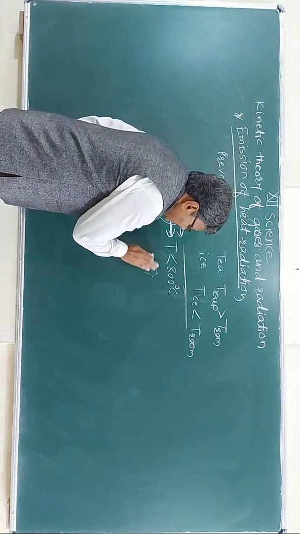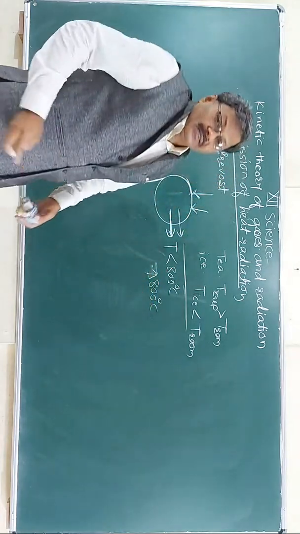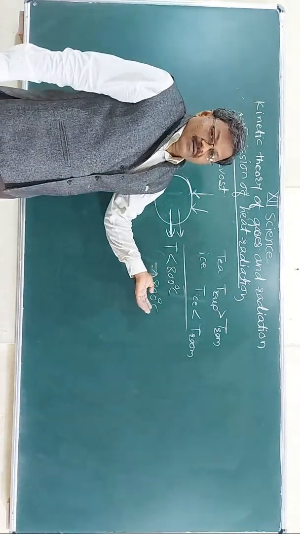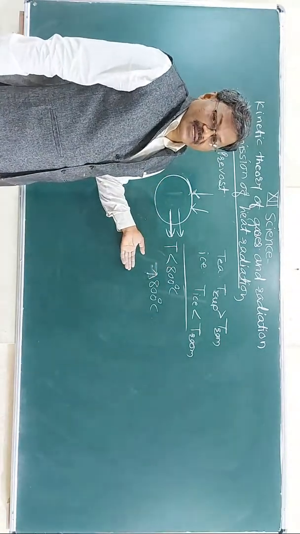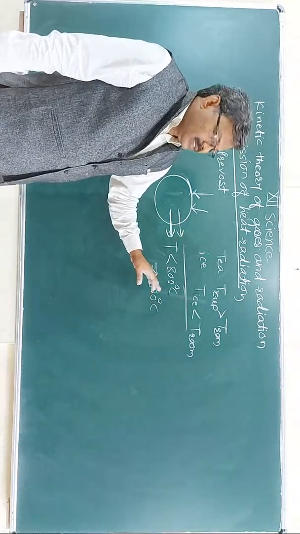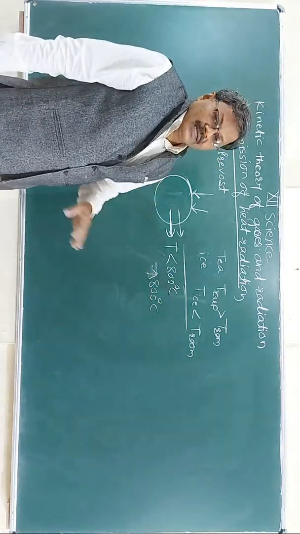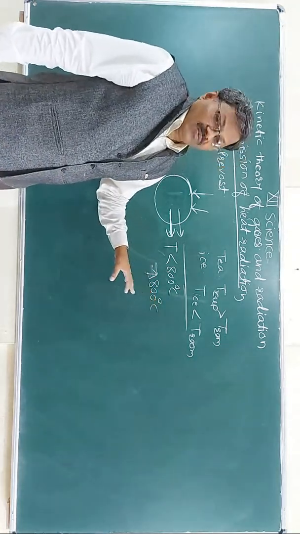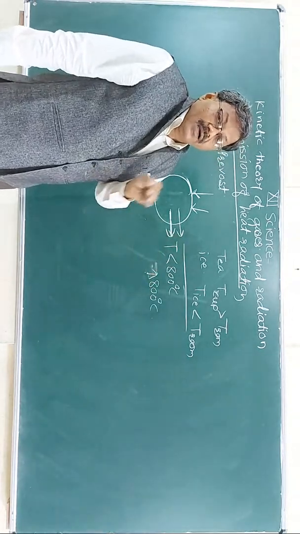But when the temperature is near about 800 degrees Celsius, this radiant heat is emitted with wavelengths shorter, in the visible range. When the temperature of the body becomes 800 degrees Celsius, we observe the radiant heat in the form of red color, meaning the body becomes red.